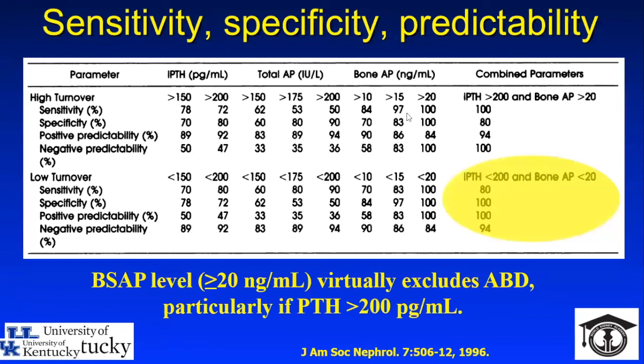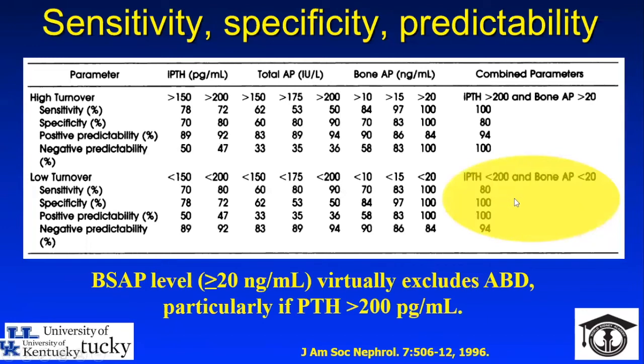So if you have a PTH of over 200 and bone-specific alkaline phosphatase of over 20, the negative predictive value is very high, almost 100, for high turnover bone disease. On the other hand, if you have PTH less than 200 and bone-specific alkaline phosphatase less than 20, specificity and positive predictive value for low turnover bone disease is very high.